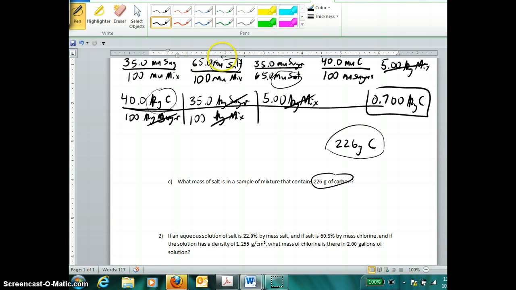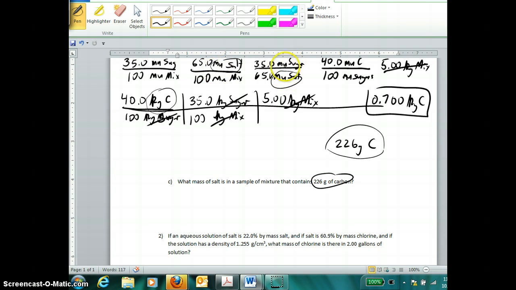On the other hand, if I start with this mass of salt, I have to cancel a mass of mixture, which I could do with this mass of mixture. But that would leave me with a mass of sugar. And if I wanted to cancel that, I would probably have to use that mass of sugar. And then I would have to cancel the mass of carbon with mass of carbon. Now that sounded identical, but in fact there's one more step doing it this way.